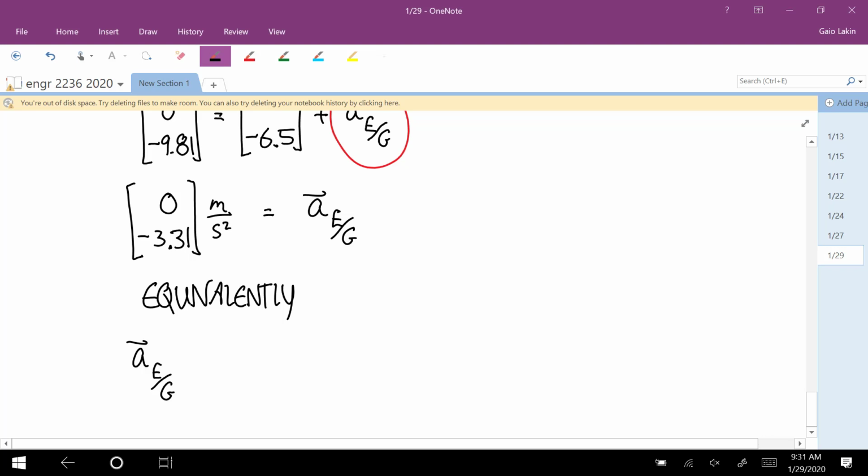And we have three things, an elevator, keys, and the ground. And now we just have to come up with a sum of two vectors that make that fraction multiplication work out. So this is going to be acceleration of elevator relative to the keys plus the acceleration of the keys relative to the ground.